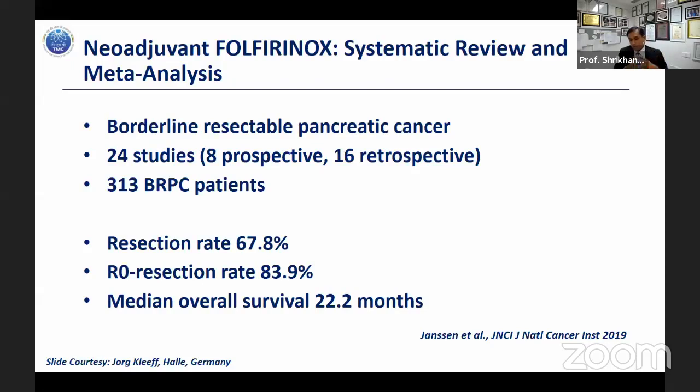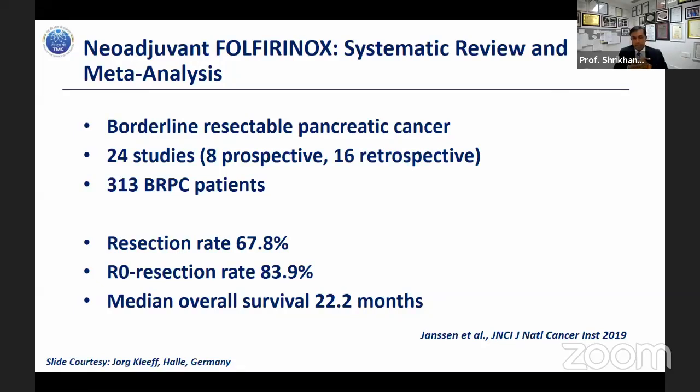There have been multiple studies by Tang in Pancreatology in 2016 and another one by the Dutch group in 2018 in British Journal of Surgery. But I've cited to you the one which is more recent. It looks at 24 studies, 8 prospective, 16 retrospective, over 300 borderline resectable patients.